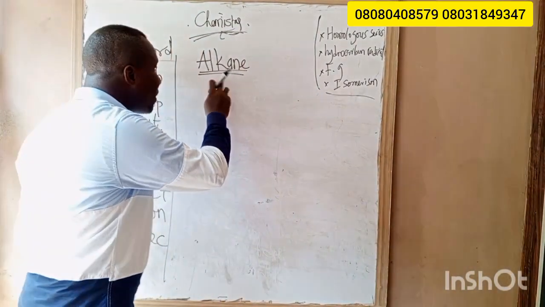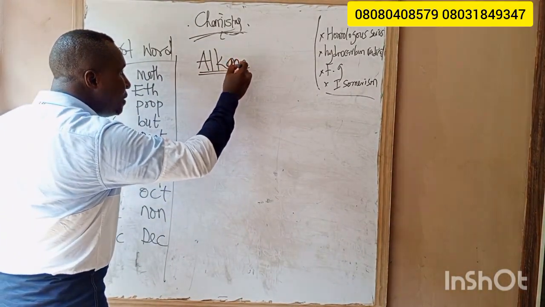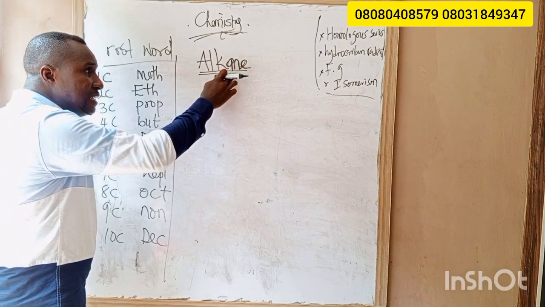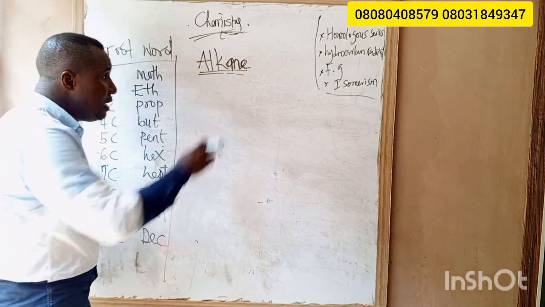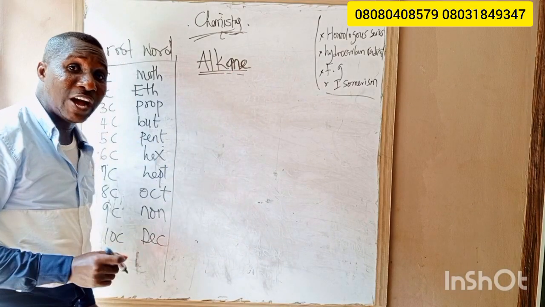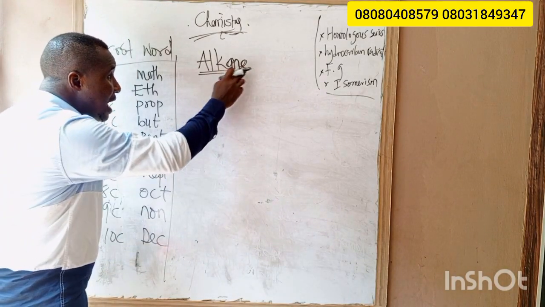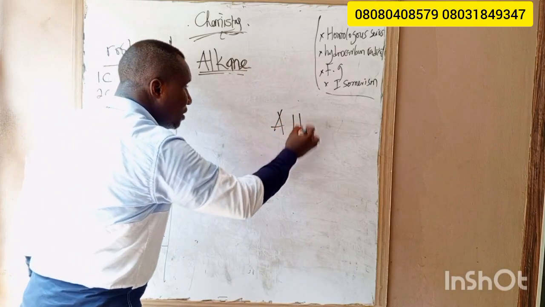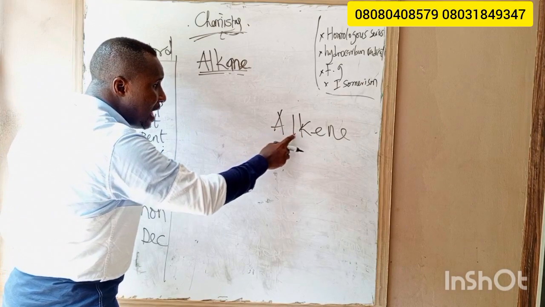This is alkane. Can you see ANE? This ANE is the family name, the surname, as you have your own surname. Look at this one. This is another homologous series. Can you see? They have the same ALK.